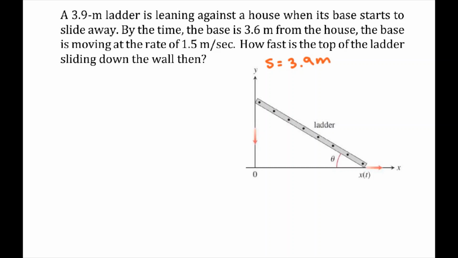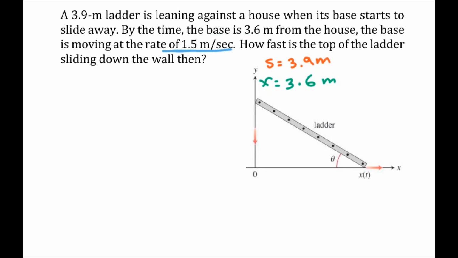It's a constant. Now, the ladder was sliding away, so that's basically x. By the time the base is 3.6 from the house, that's x. The base is moving at a rate of 1.5 meters per second.